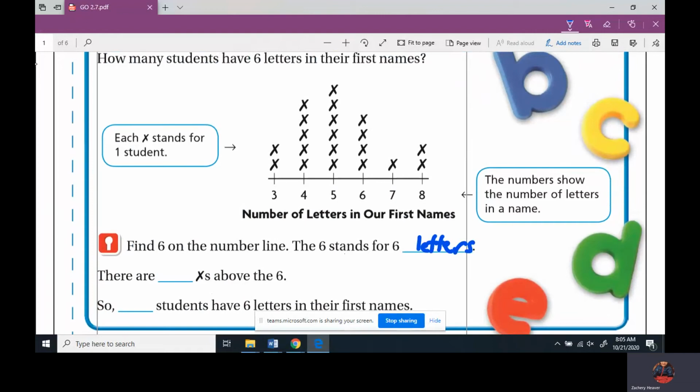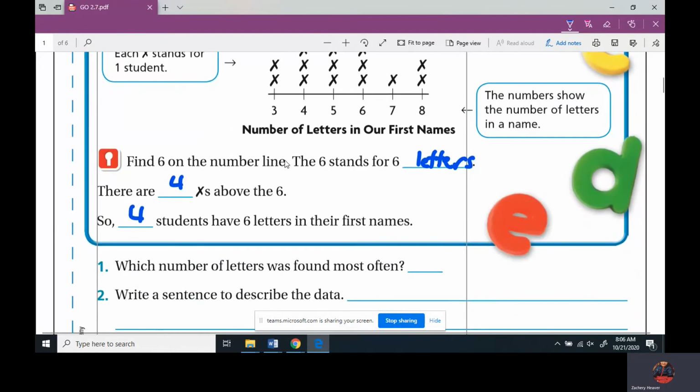So that 6 means 6 letters. How many X's are on 6? 1, 2, 3, and 4. They go above 6. So there are 4 students that have 6 letters in their name, just like that.